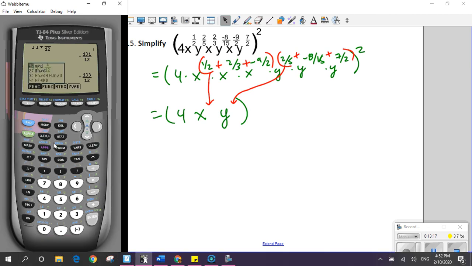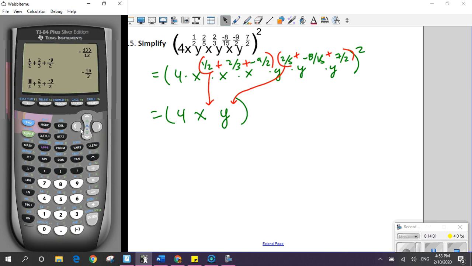First one is 1/2 plus 2/3 plus negative 9/2. So negative 10/3 is going to be the exponent for x. Alrighty, let's drop this down since I already know I got 3 fractions.